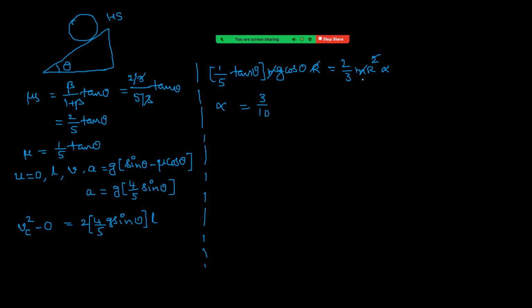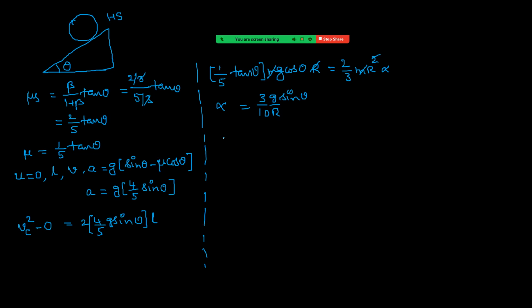See carefully. Alpha equal to 3 by 10 g sine theta, and one r is left here. That is now alpha equal to 3 by 10 g sine theta by r.